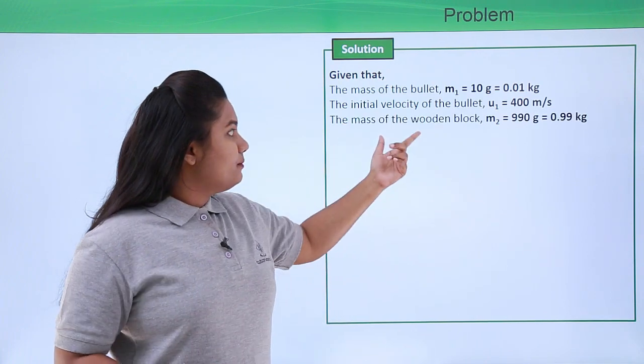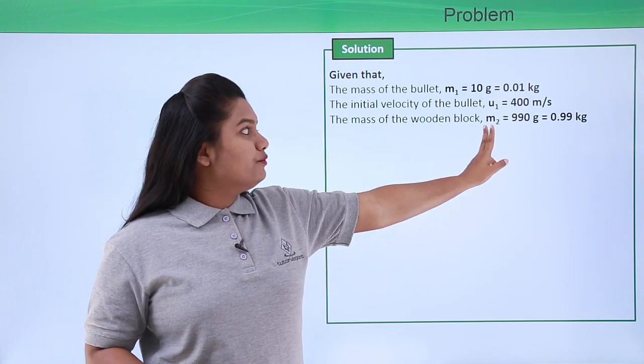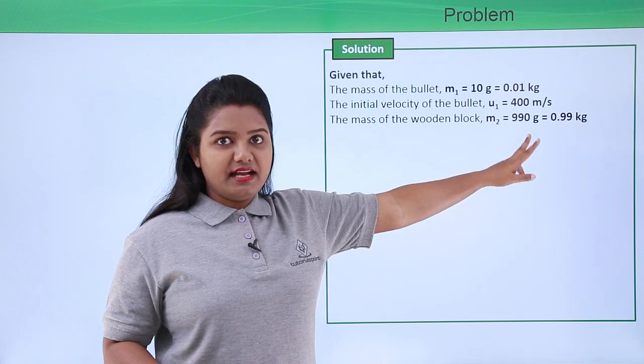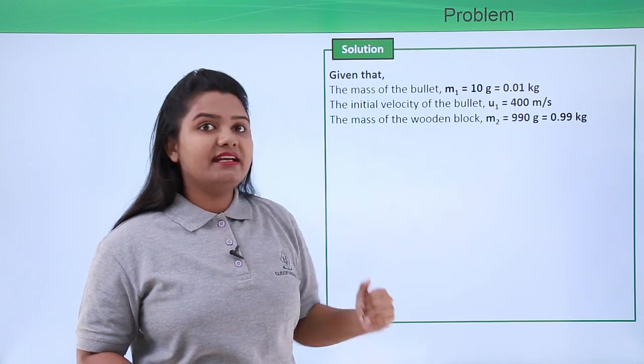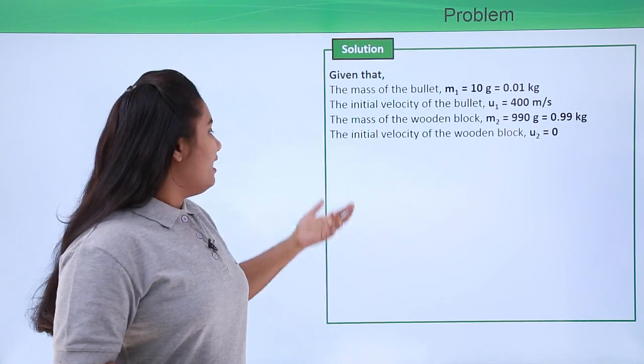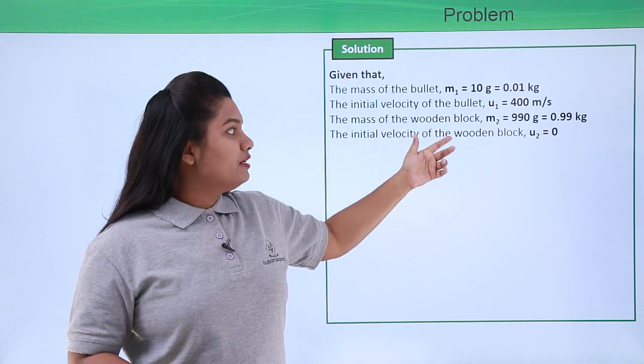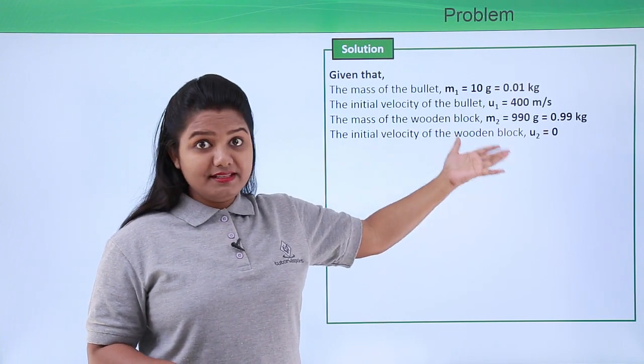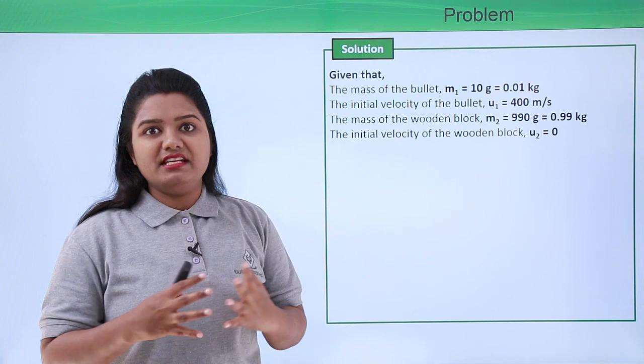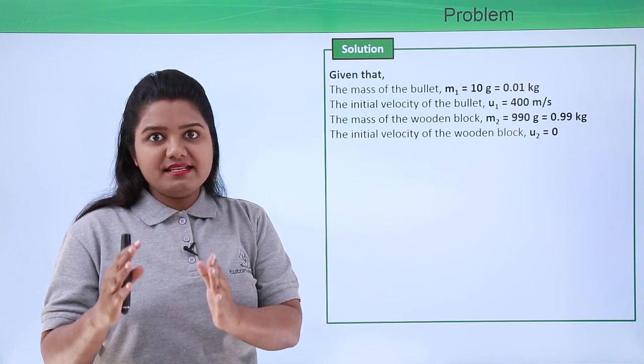The mass of the wooden block, we will take it as m2, which is given as 990 grams, which is 0.99 kilograms. And the initial velocity of the wooden block is 0 because it was not moving initially; it was suspended freely in its own place.